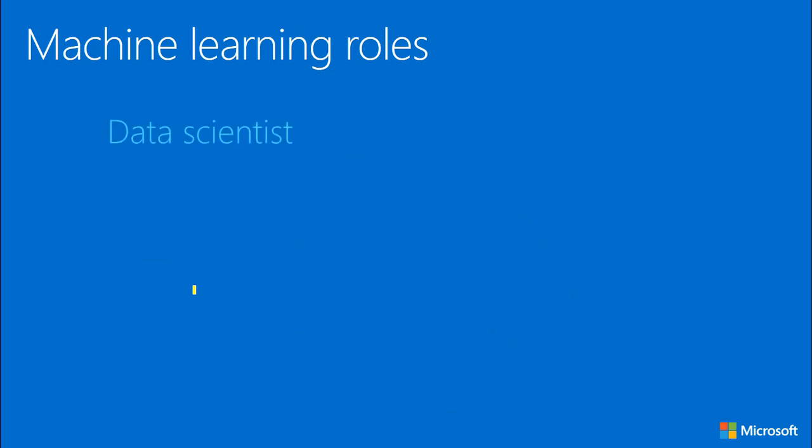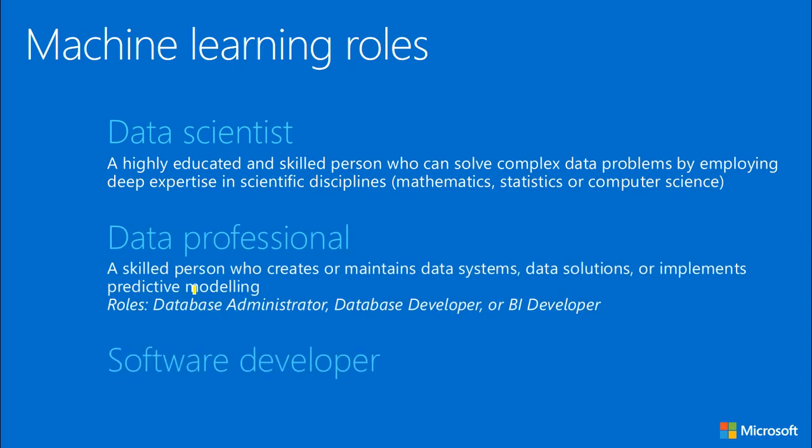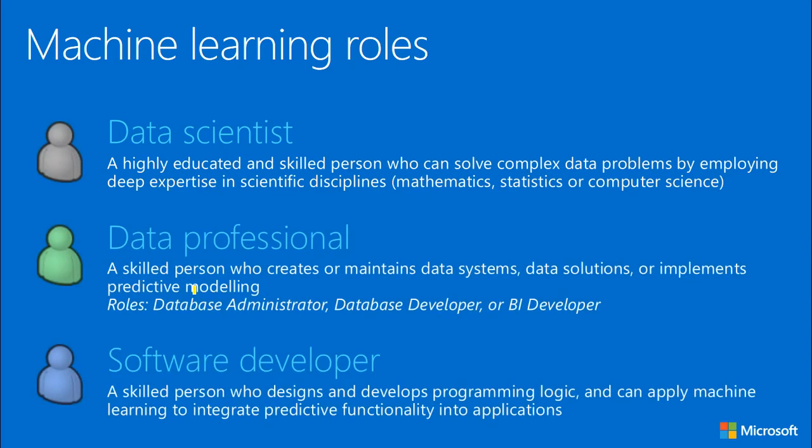Now, for machine learning roles, there are three basic roles. Number one is a data scientist, number two is a data professional, and number three is a software developer. A data scientist is a highly educated, skilled person who can solve complex data problems by employing deep expertise in scientific disciplines, like a mathematician, someone who knows statistics and computer science as well.